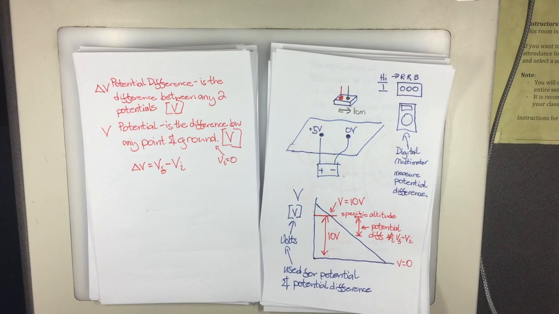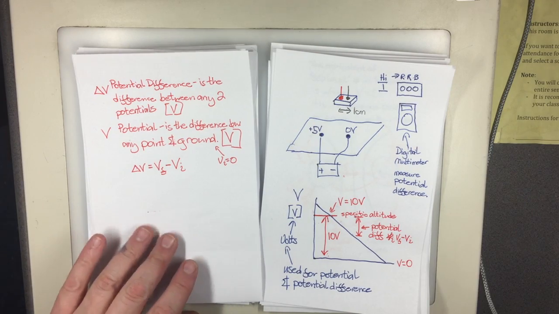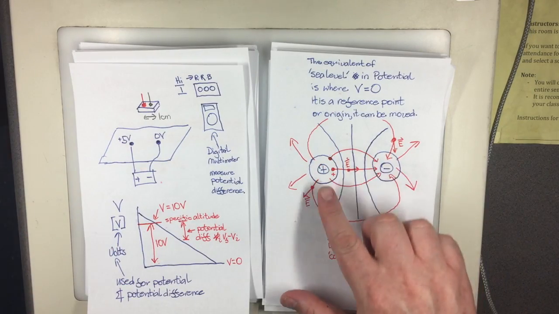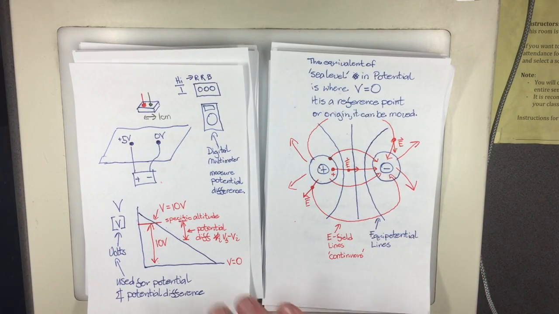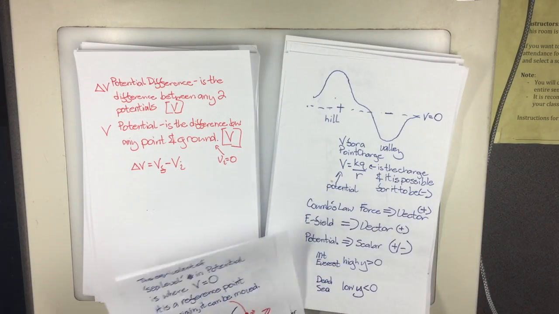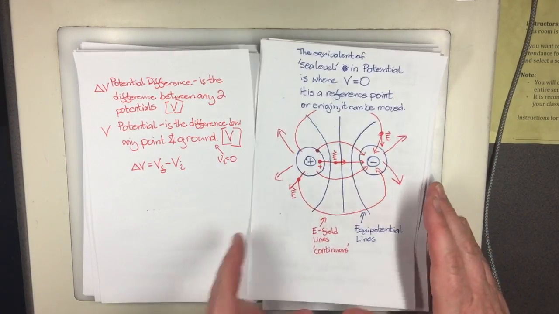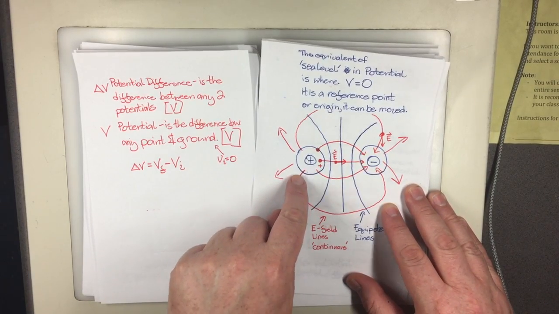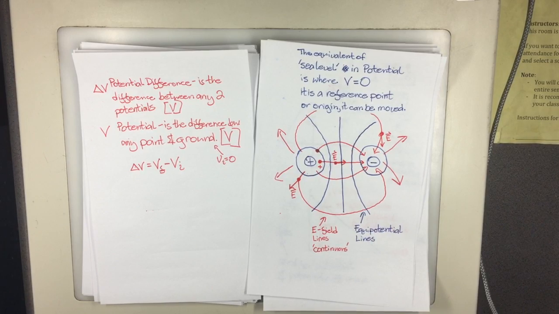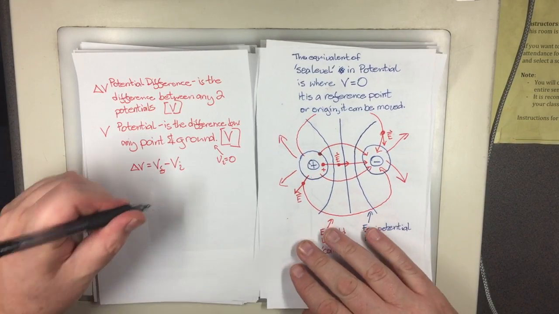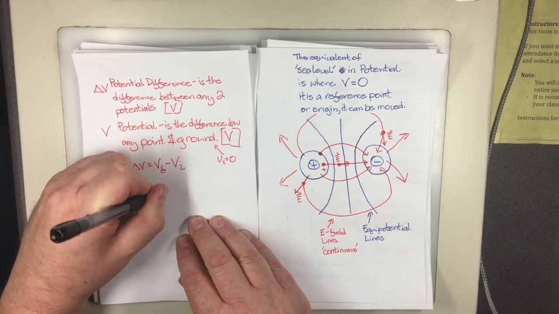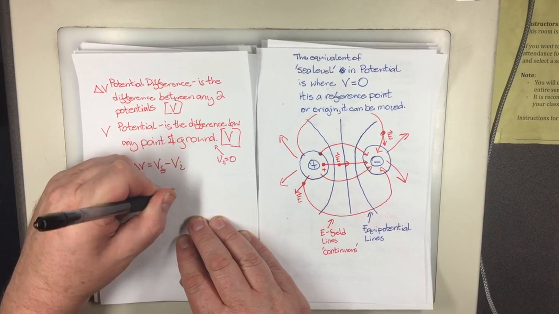Now comes the equation. When we look at all this stuff, it's a continuous line. If we put a point there, we know that the E field will point in this particular direction. What this does is we use the relationship delta V equals ED.